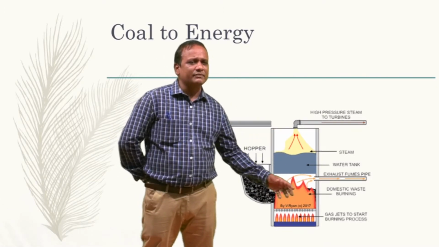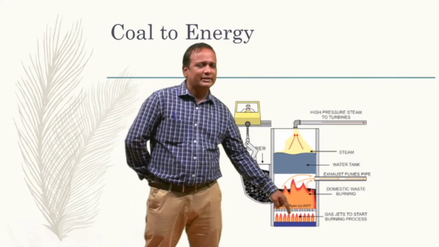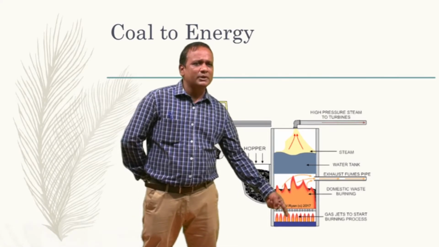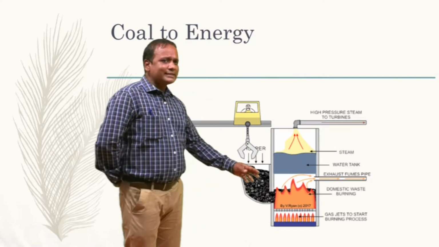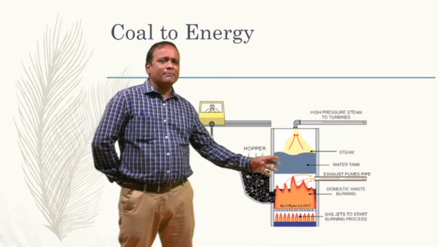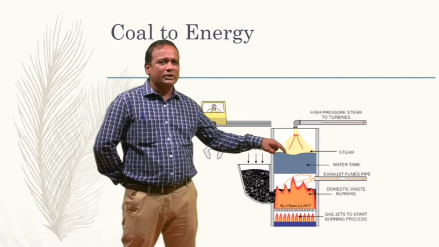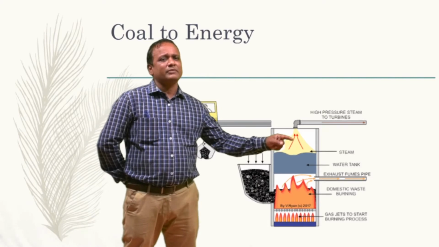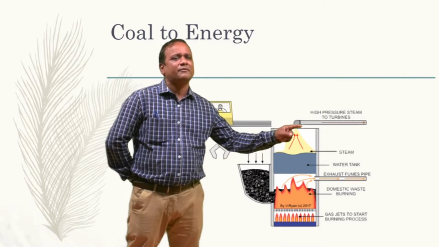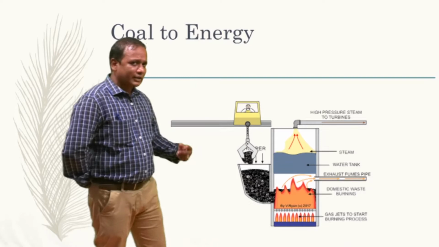In the furnace section, the coal is burnt using air. We light a fire over here, and the air is used to blow on the fire in order to raise the temperature of the coal. As the temperature of the coal increases, the heat is passed to the water present inside the boiler, and the water is converted into steam. Further, that steam is used over the turbines in order to run the generator.